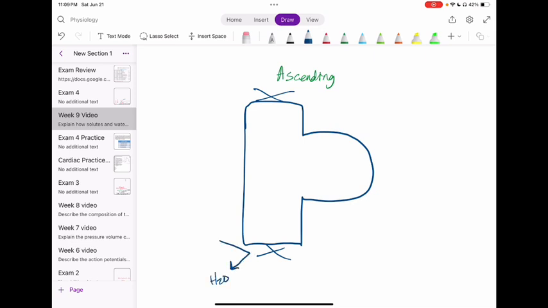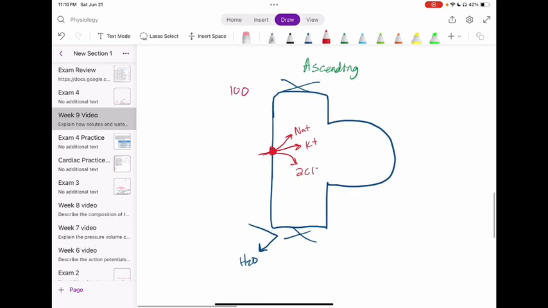So water cannot move through here in between the cells, nor are there aquaporins here. But we have a special channel here that lets all these ions in. So we have sodium, potassium, and chloride. And this moves from a concentration of 100 to 500 as we're losing these ions into the other side of the cell.